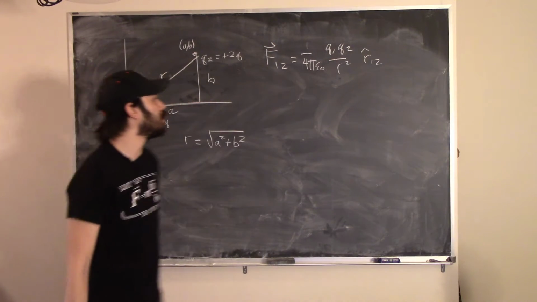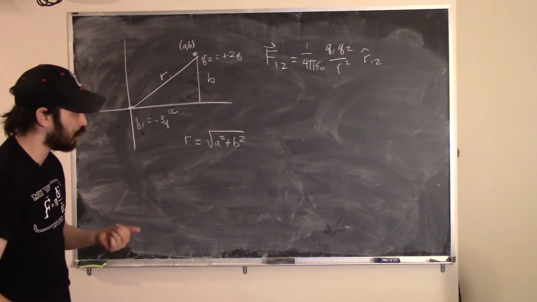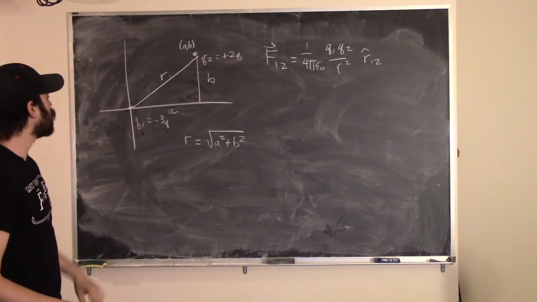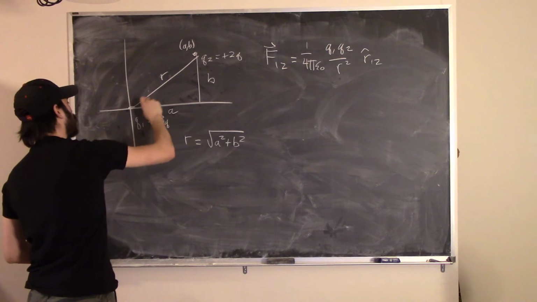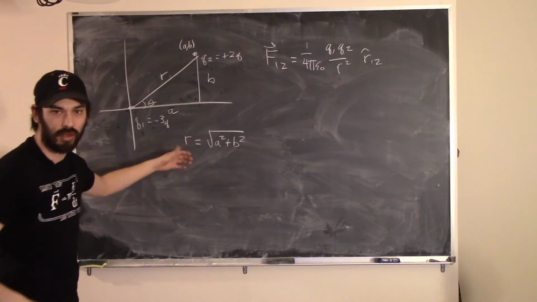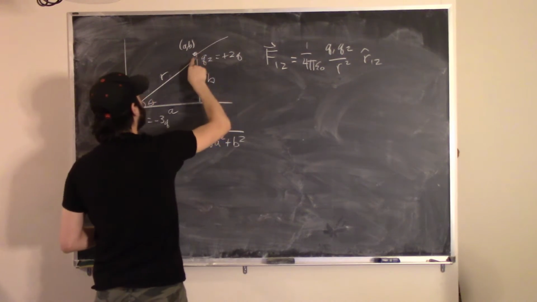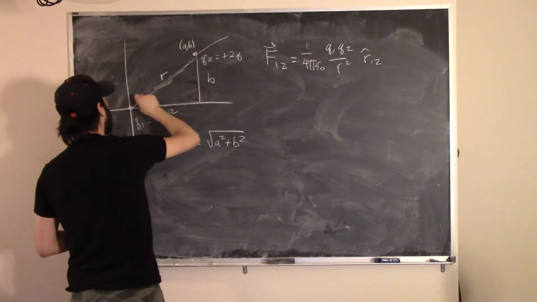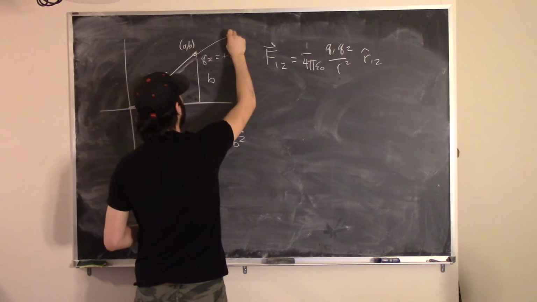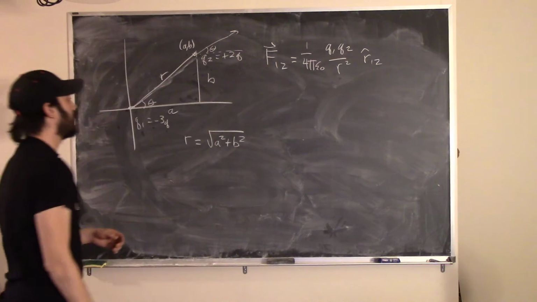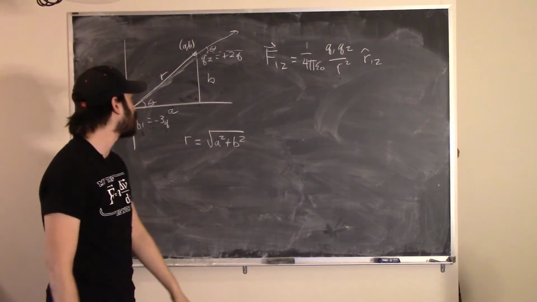We know what Q1 and Q2 are. Now the next thing we need to do is determine what R hat 1,2 is. In order to do that, I'm going to draw some angle here. I'm just going to introduce some angle theta, and I'm going to extend this line up here and write the same angle theta here. We can see that this is the same via similar triangles.